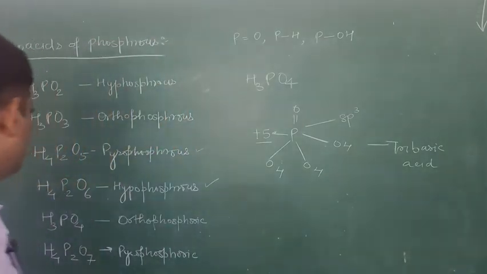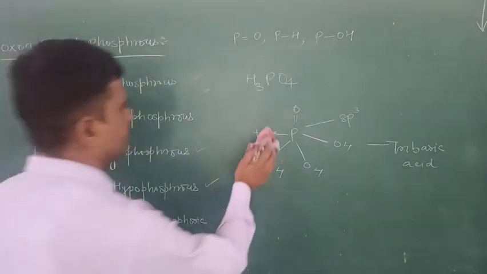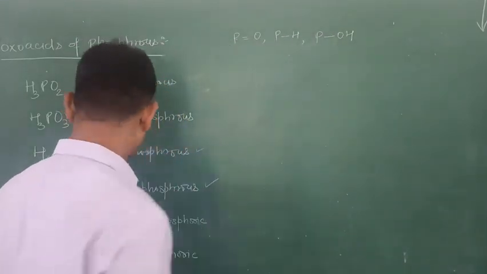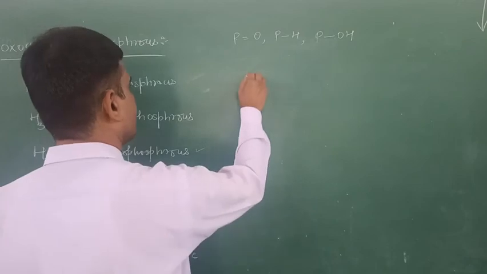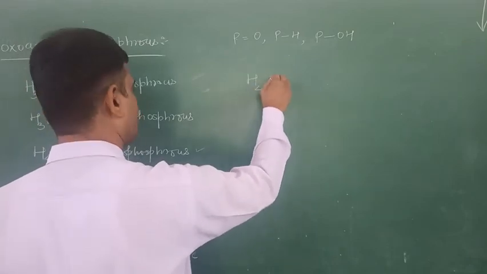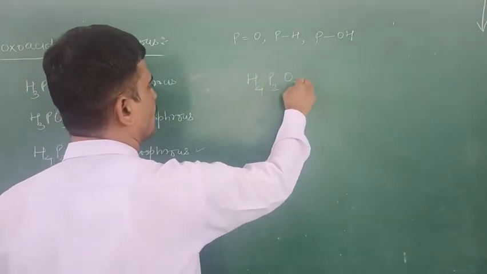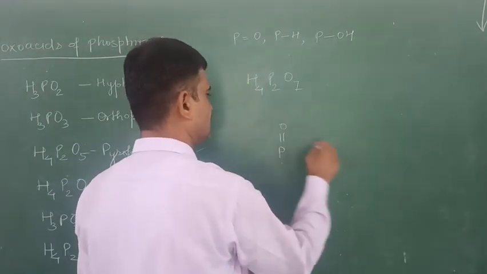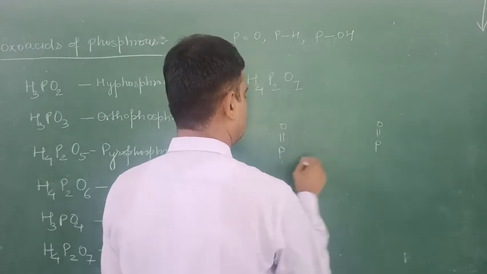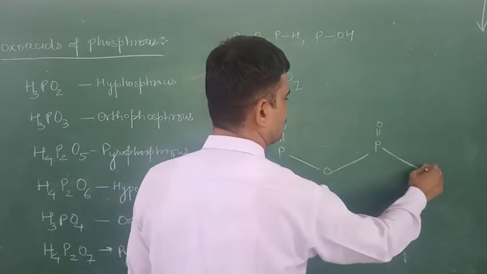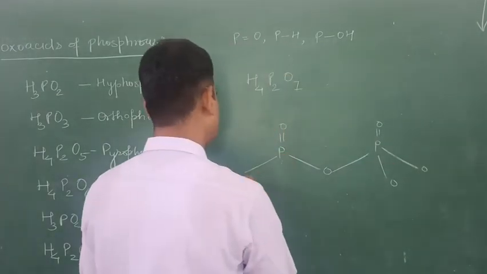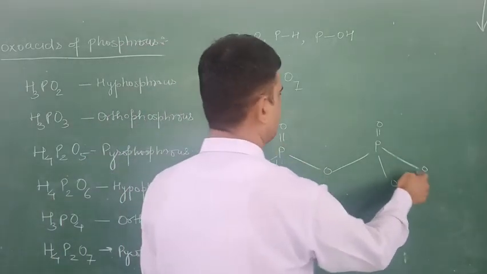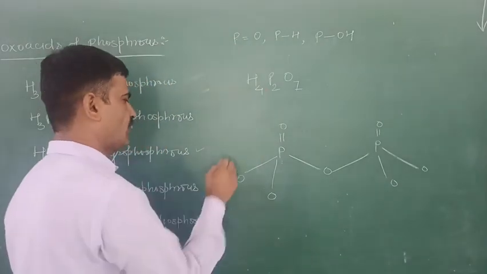Our last acid is pyrophosphoric acid, having formula H4P2O7. One, two, three, 4, 5, 6, 7 oxygens. 4 hydrogens are there.